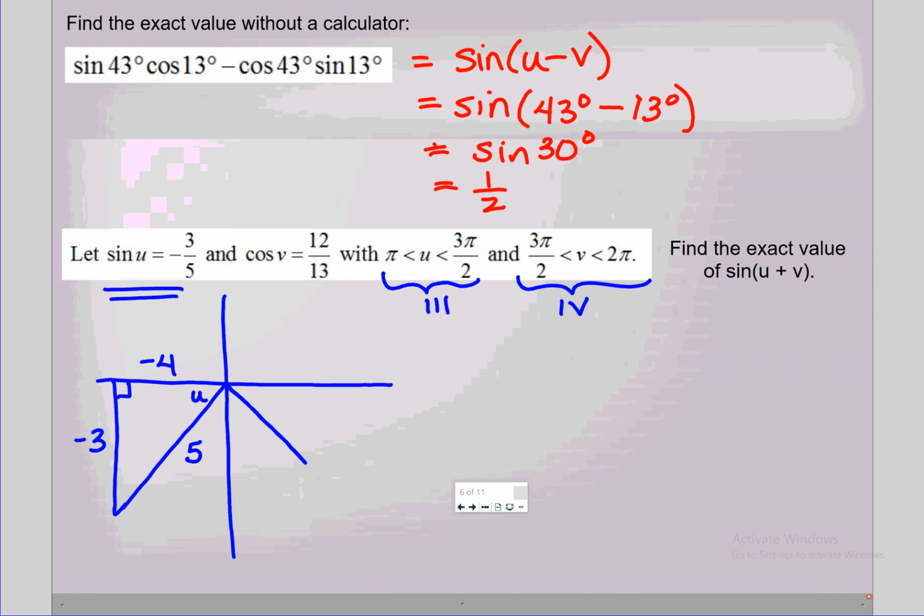Let's do the same thing for v. All right, what do I know about v? I know its cosine is 12/13. So what two sides do I label? What two sides are cosine?